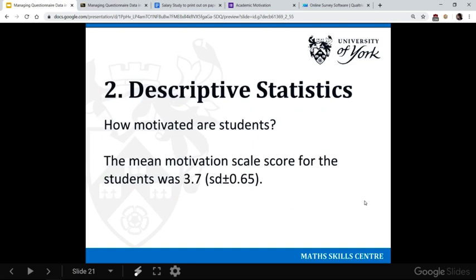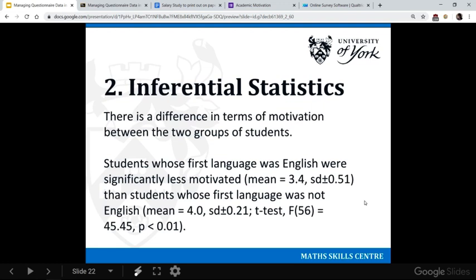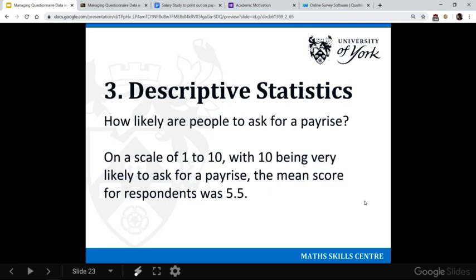Again, the descriptive statistic is just going to answer that question: how motivated are the students in the survey? Whereas if we want to say something about there being a difference in terms of motivation between two groups of students, then we need to use another piece of information from our questionnaire. If we just want to know how likely people are to ask for a pay rise, descriptive statistics is enough.